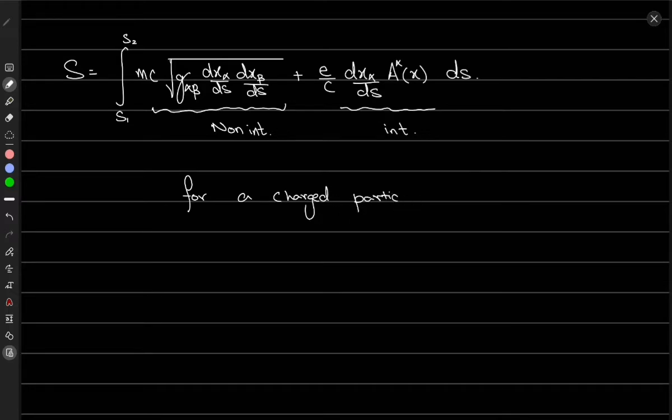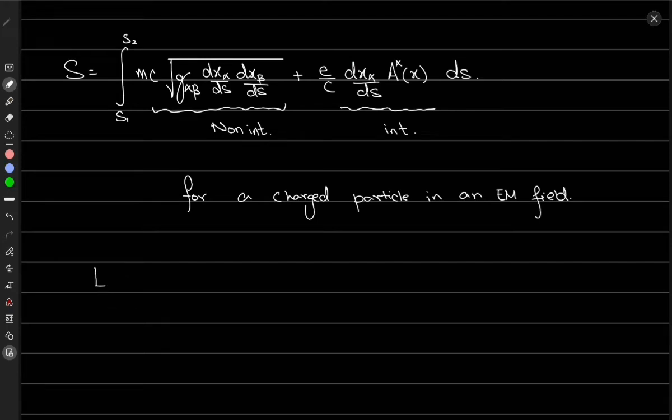So this would be then the total action integral for a charged particle in an EM field, electromagnetic field. Now we can derive the equation of motion for this by using the Euler-Lagrange equation, right? So let me write down the Lagrangian from this action. That would be just the part that is inside the integral.